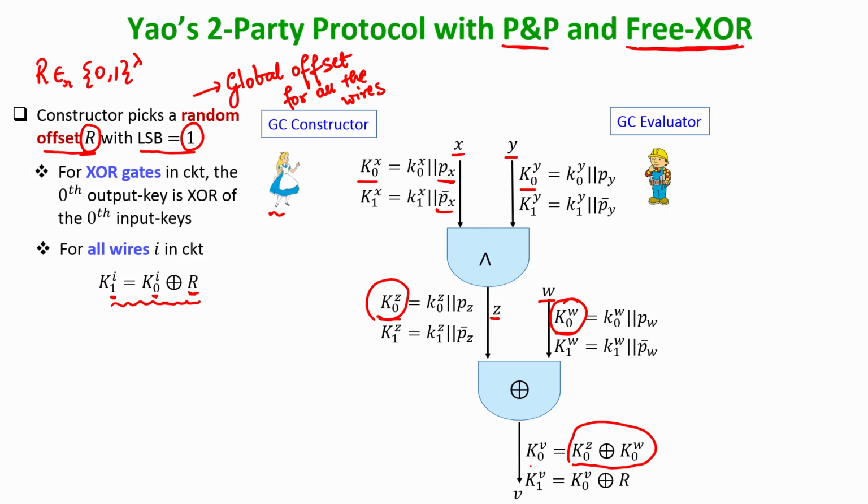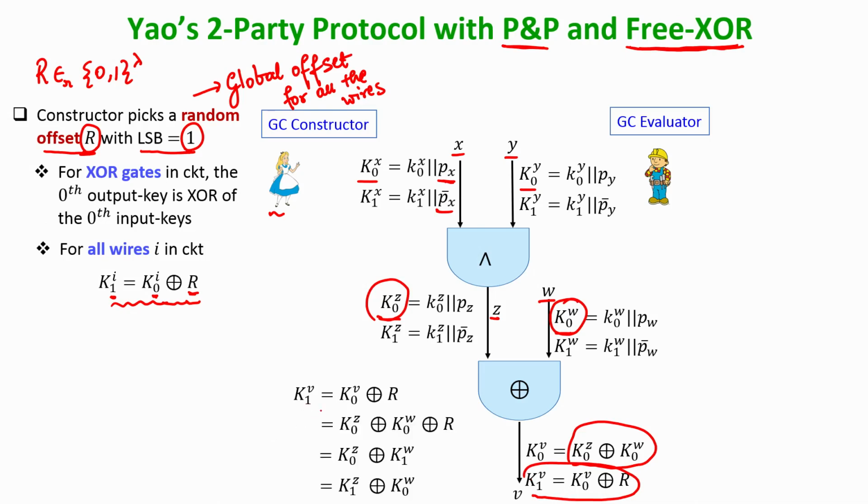Now, the magic here is the following. You might be wondering that, okay. So, my claim here is about the way the keys are assigned to the gates here. If I consider the XOR gate here, I can say that the following relationship holds. If I consider the key assigned to the V wire with value being 1, it is anyhow the XOR of the 0 key and the global offset.